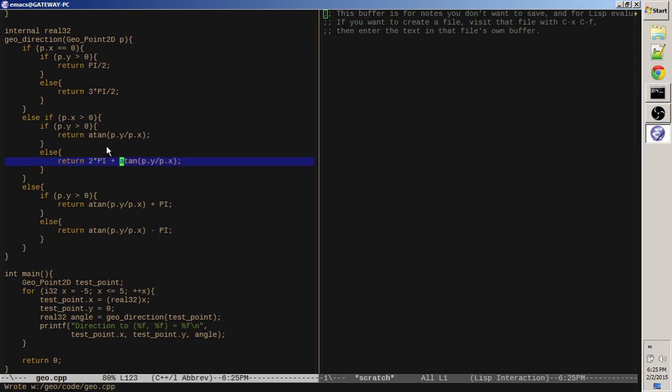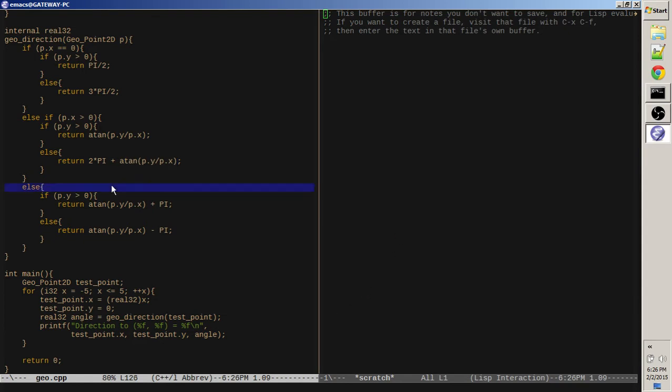So if y is negative, then this is going to be a negative angle in this direction, and we want to turn that into a positive angle by basically adding 2 pi to it, so that it wraps around and is somewhere less than 2 pi but greater than pi. Well, this will actually be between 0 and pi over 2, right, because it's here 0, pi over 2, it'll be in that range.